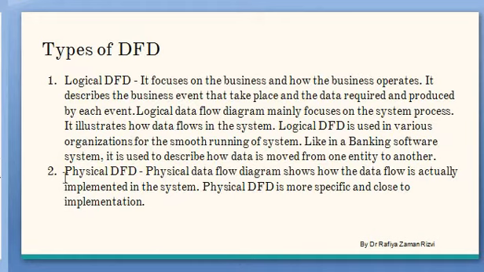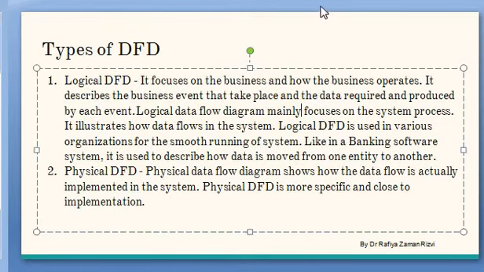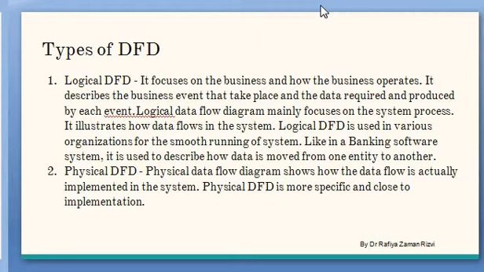Then physical DFD, physical data flow diagram, shows how the data flows in actually implemented in the system. Physical DFD is more specific and close to the implementation. So here we try to judge a system through the pictorial representation of aspects or entities or components of a system, and then we see from where the data will originate and how the movement of data will take place.